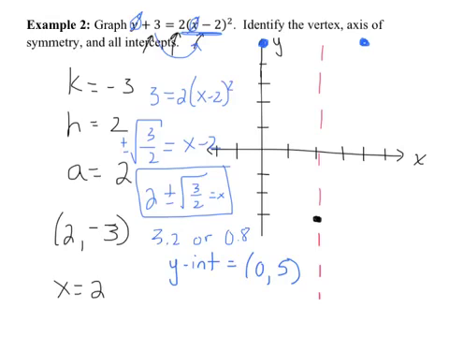And those are the x-intercepts, or the roots. So as coordinates, I should really write them as 3.2, comma 0, and 0.8, comma 0. So we'll estimate, obviously. So here's our 0.8, comma 0. And 3.2, comma 0 is over here. Again, noticing the symmetry. We complete our graph now.